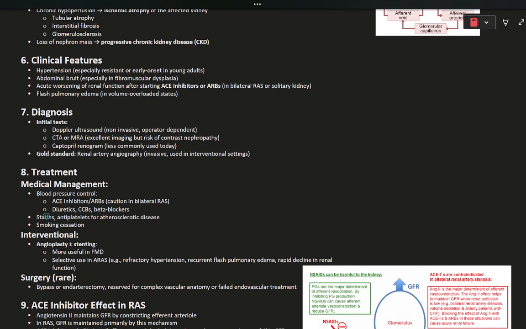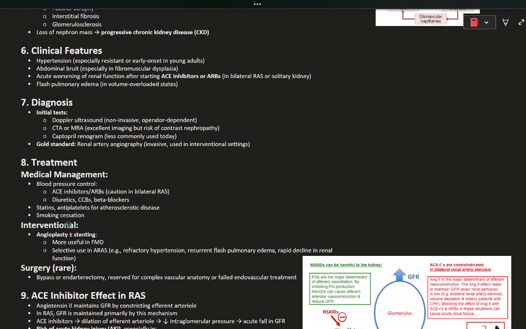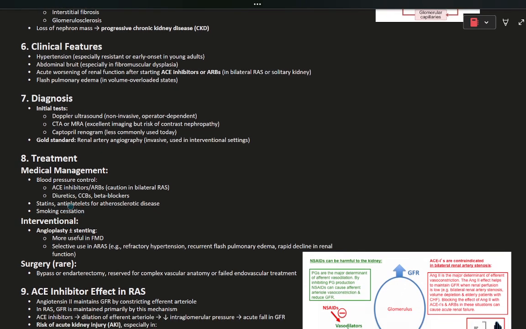There can also be the use of statins to limit the production of cholesterol and ultimately the buildup of atherosclerotic plaques. You can also use antiplatelets and then counsel patients to stop smoking if they have a history of smoking.